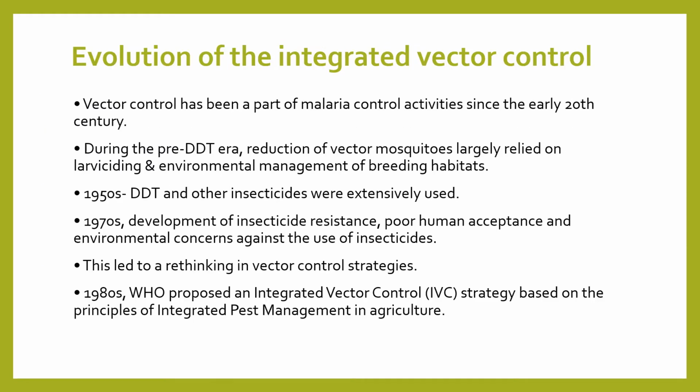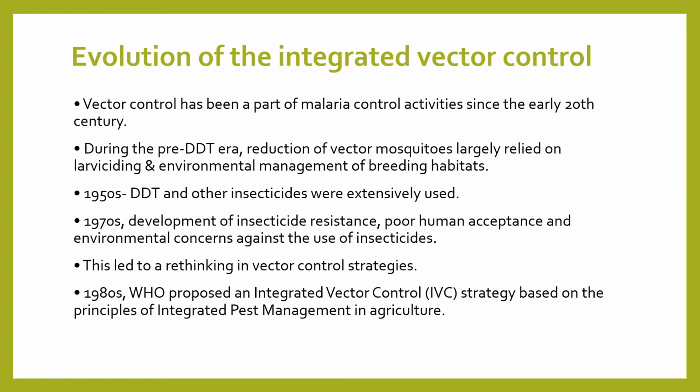So, how did integrated vector control evolve? As we have seen, vector control has been a part of malaria control activities since the early 20th century. During the pre-DDT era, that means before 1940, the reduction of vector mosquitoes largely relied on larviciding and environmental management of breeding habitats. Then in the 1950s, DDT and other organochlorine insecticides were extensively used.